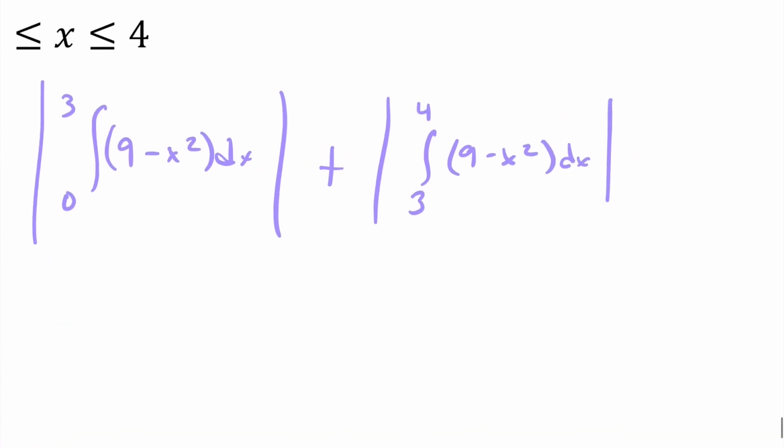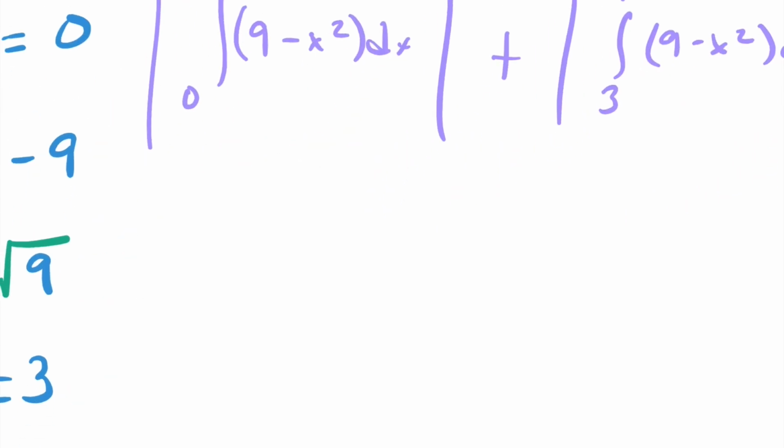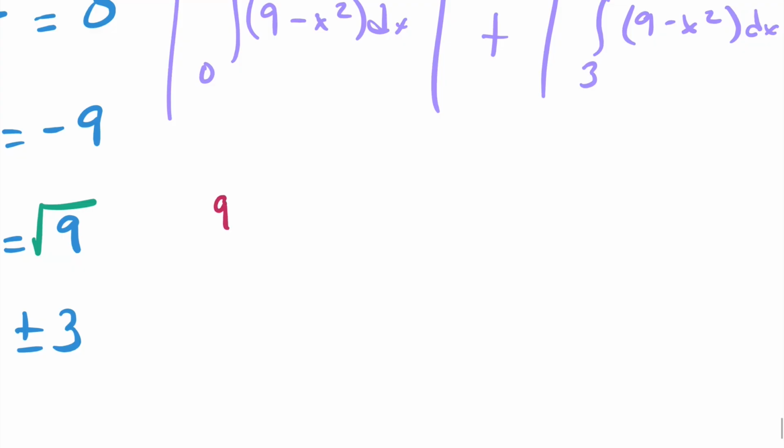You can just account for the absolute values later on. That's going to be the total value from 0 to 4 of 9 minus x squared dx. Now we can do this in our calculator, but I'm going to do this one by hand so you can see, because you might be in a situation where you have to do it by hand. So this is 9x minus x cubed over 3, from 0 to 3.